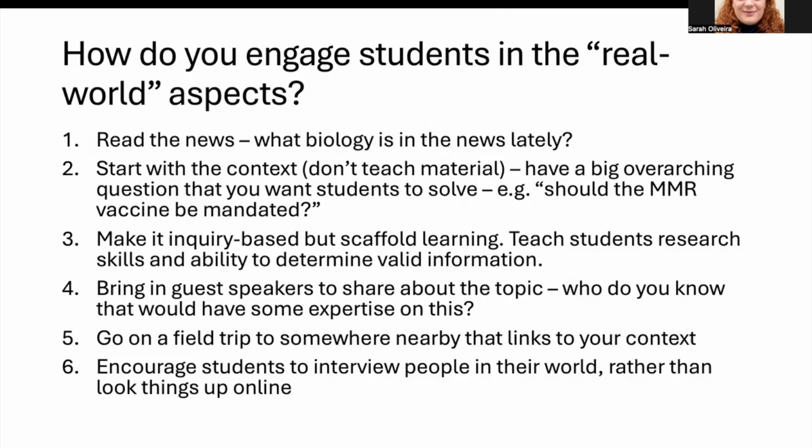And then encourage students to interview people in their world. So if you're making it very much a context-based approach or inquiry approach, then you're going to get them thinking and inquiring about the people in their world that they already know, that they can get authentic understanding from, rather than just looking it up online.